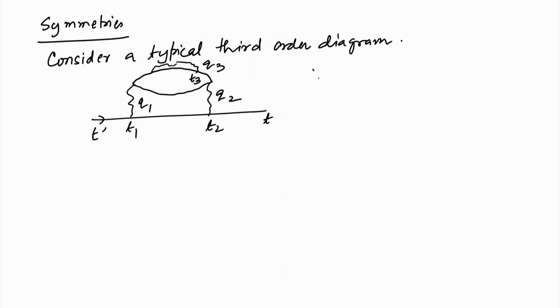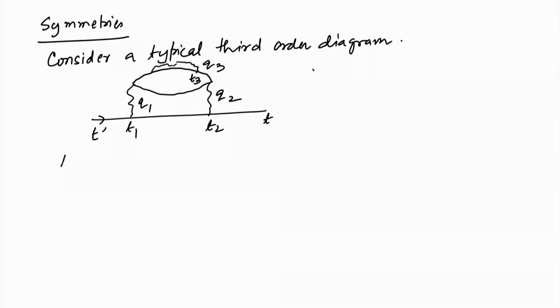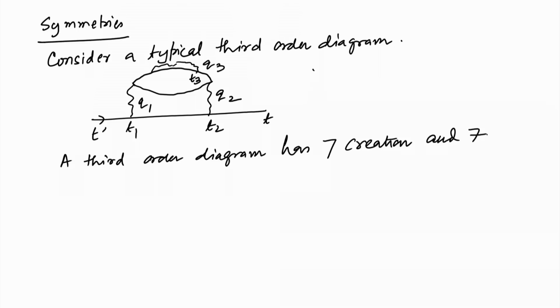In any case, when we consider a third order diagram, it has 7 creation and 7 annihilation operators.